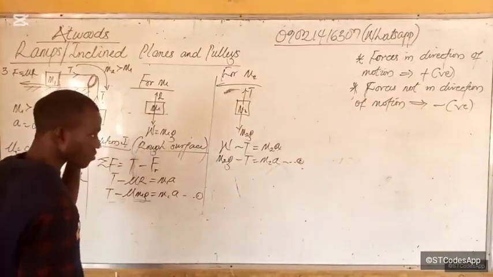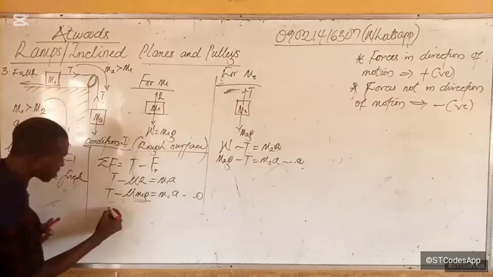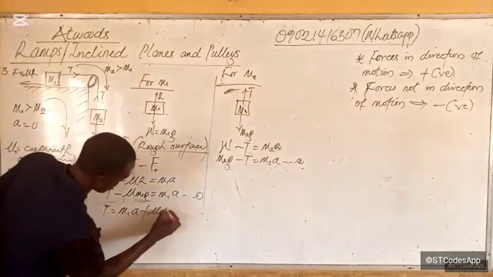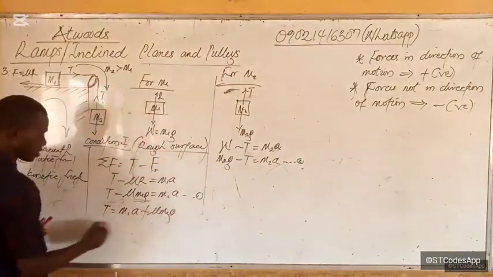Now we can make equation 3 from here, so that T will be equal to M1A plus mu M1G. This is equation 3.